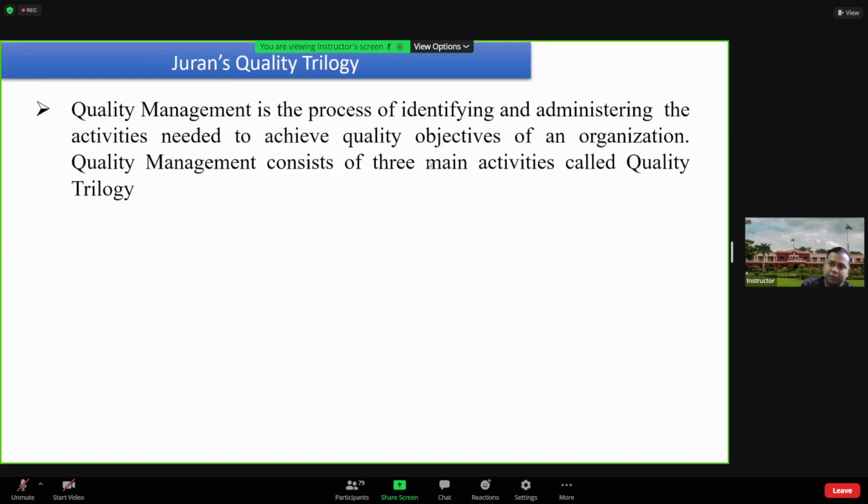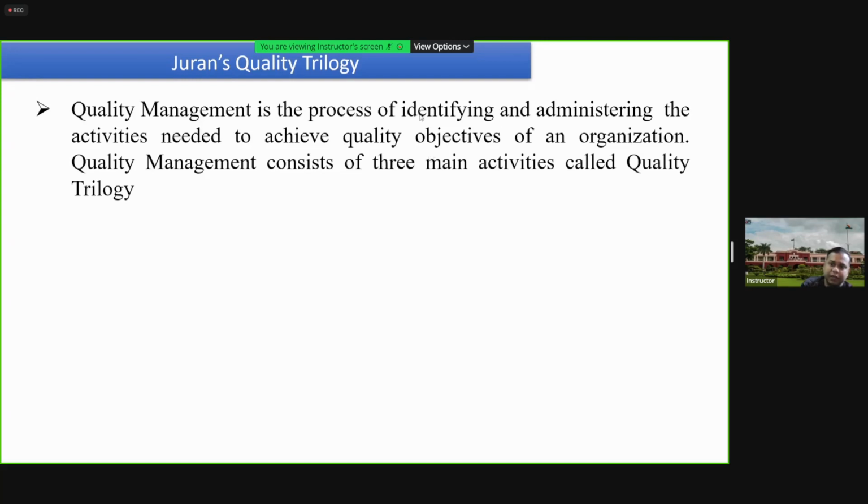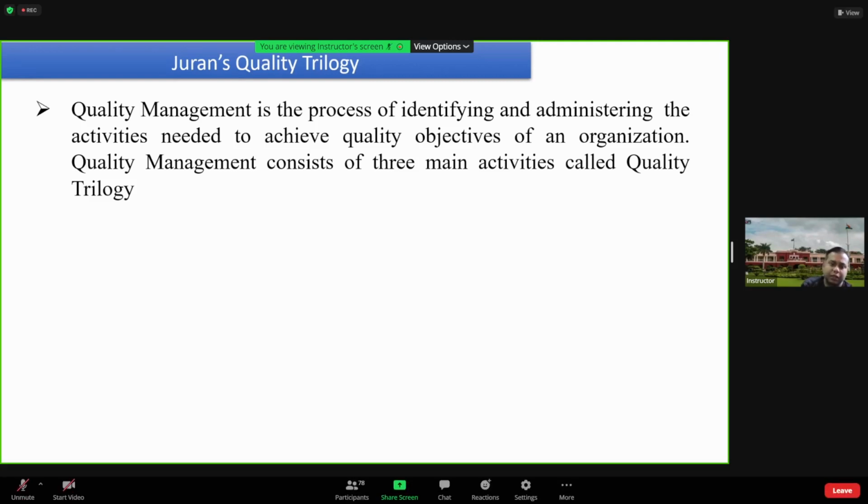So it is a process of identifying and administering those activities. And for that he gave three main activities called the quality trilogy, or Juran's quality trilogy.